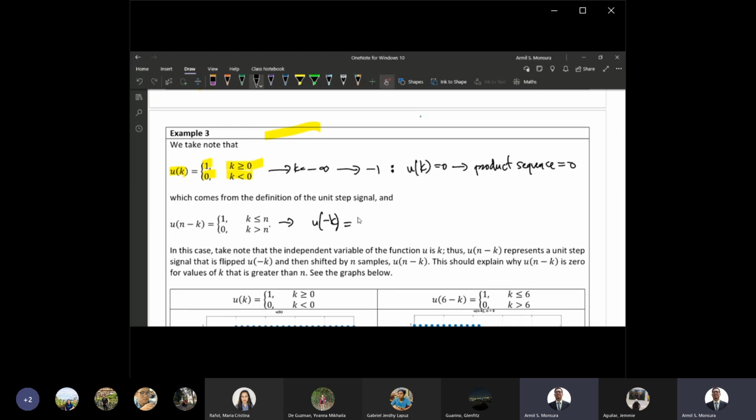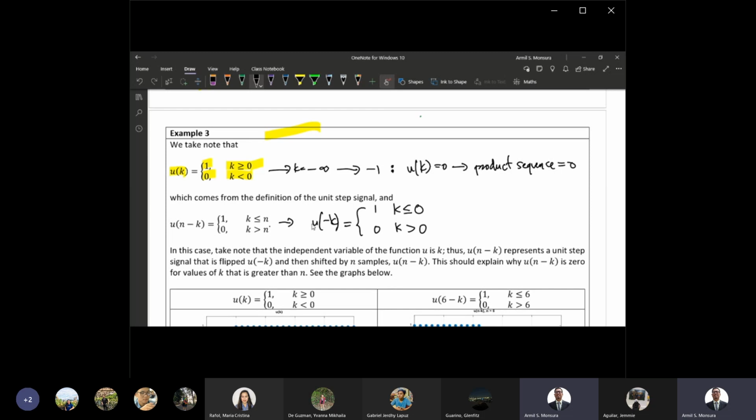Ngayon, kung yung U of negative k nyo, since flipped yan, ibig sabihin, 1 siya kung 0 and negative yung k nyo. Lahat ng mga 1 yung values, nandun sa negative values of k. At 0 siya pag positive yung k.